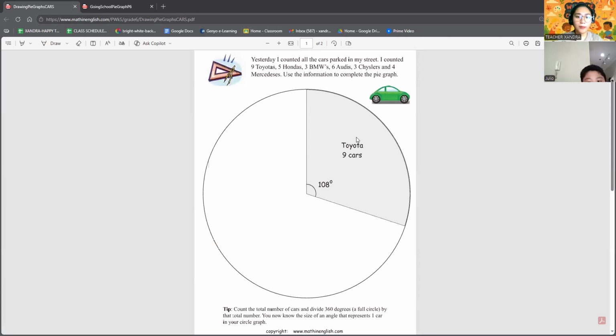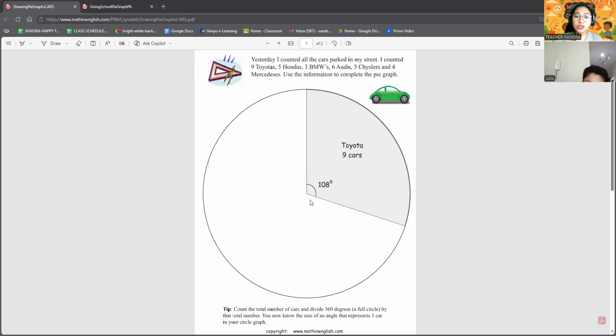So don't worry. Count the total number of cars and divide 360 degrees by the total number, so you know the size of the angle that represents one car in your circle graph. You already know how to do this.